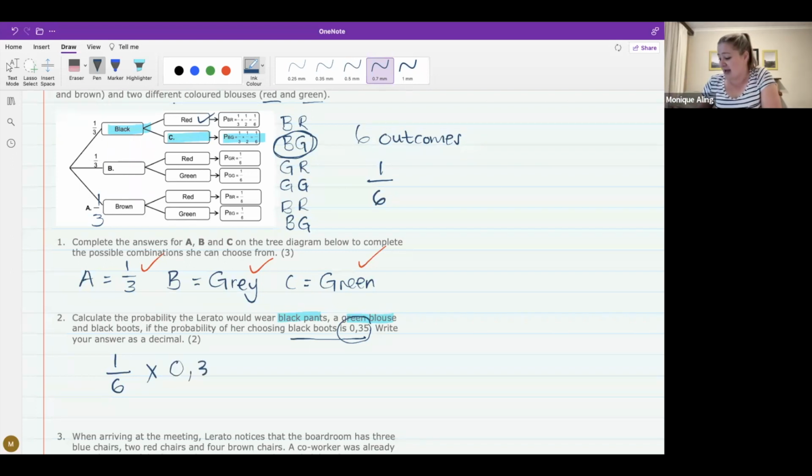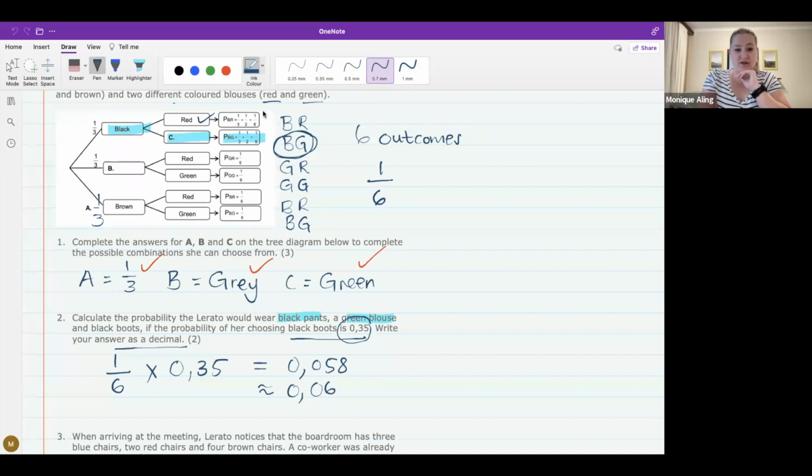And we just times the 2 probabilities together. They ask for our answer to be in decimal form. So you work that out in your calculator and you should get an answer of 0.058. But we know that our answers should always be to 2 decimal places. So it'll be 0.06. Well done, Shawnee.